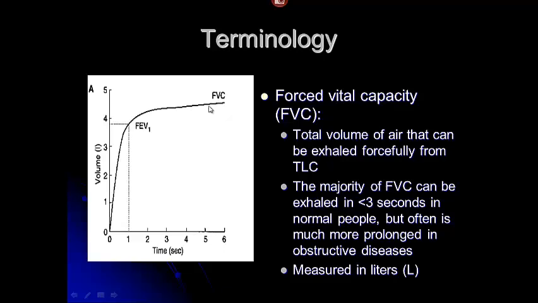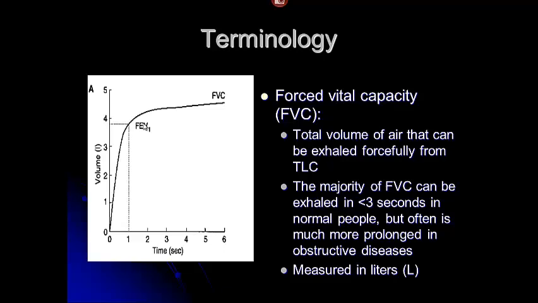Then completely up to the end would be the forced vital capacity. So these two volumes, forced expiratory volume in 1 second and forced vital capacity, will be the two most important volumes to be able to analyze pulmonary function test.